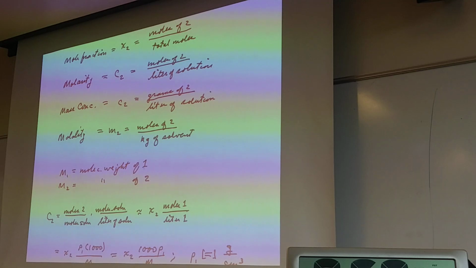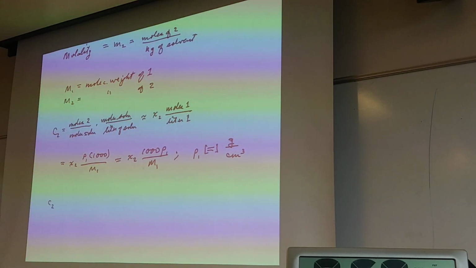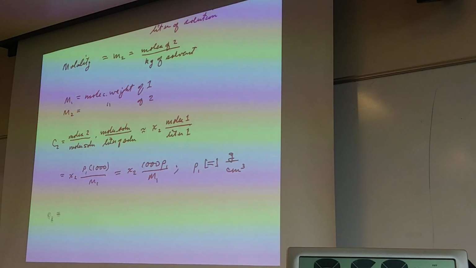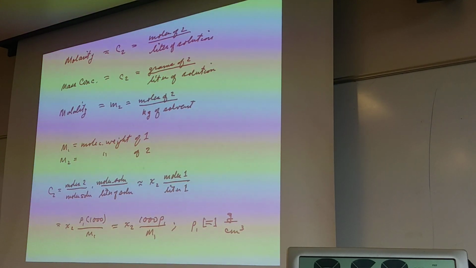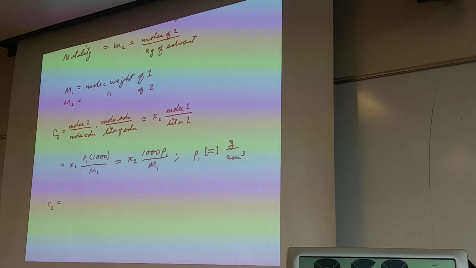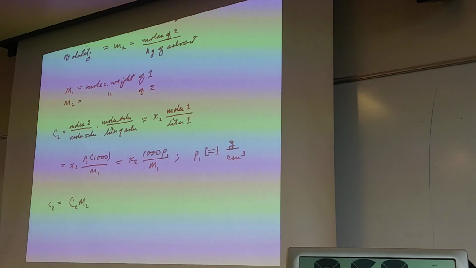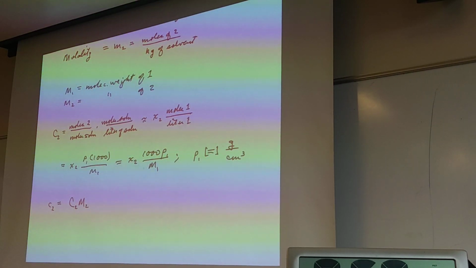What is the next one? Mass concentration. So that's little c2. What we notice right away is that that's grams of 2 over a liter of solution, so that's just going to be equal to big C2 times M2. So we can just refer to the equation above to get that relationship.